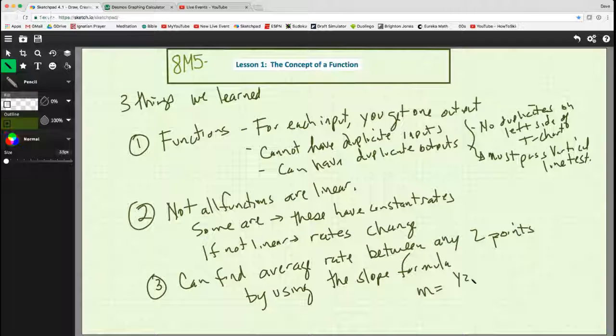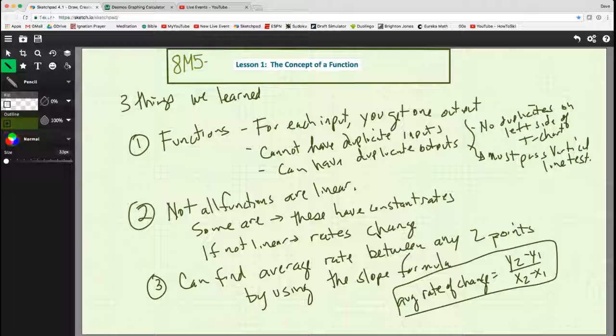The average rate of change equals y2 minus y1 over x2 minus x1, which is our slope formula. And so you're going to have some questions on the homework where you have to find some average rate between 2 points.